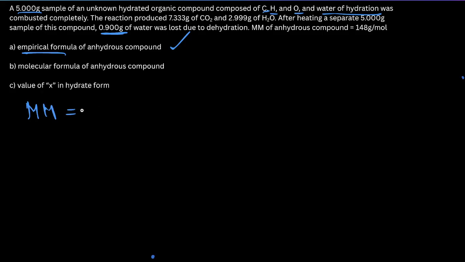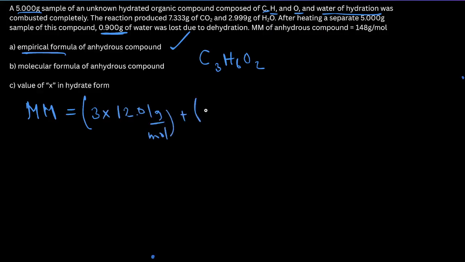So how we do that, we just do it like we would with any other compound. Here, actually, let me write out the empirical formula, C3H6O2. And so now that we have that, we just find the molar mass, again just taking into account the amount of each element in the compound.